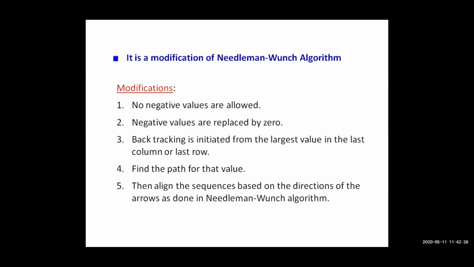Whatever the highest value is, that will be taken into account for backtracking the route of the different values, as we did for the Needleman-Wunsch algorithm. Then after determining the point from which to start, we find the path of the value and then align the sequences based on the directions of the arrows, as done in the Needleman-Wunsch algorithm. The rest is the same. Basically, there are three important rules, 1, 2, and 3, that we must understand and follow.